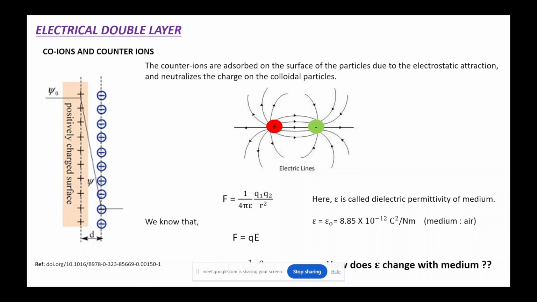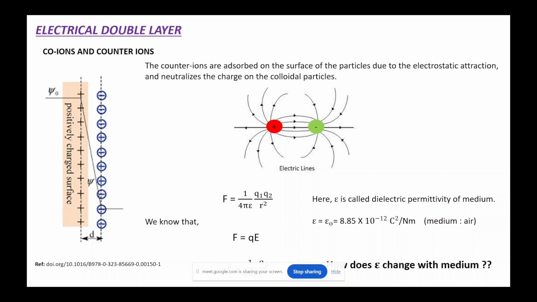One of the most common applications where you can see this electrical double layer is in energy storage devices. I hope you have an idea of what energy storage devices are. Can anyone tell me, when I say energy storage devices, what picture comes to your mind? Any thoughts?